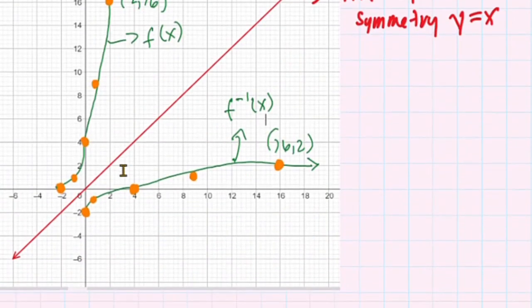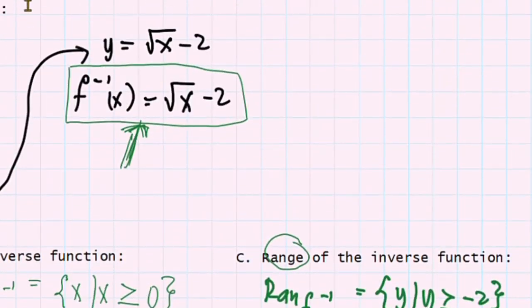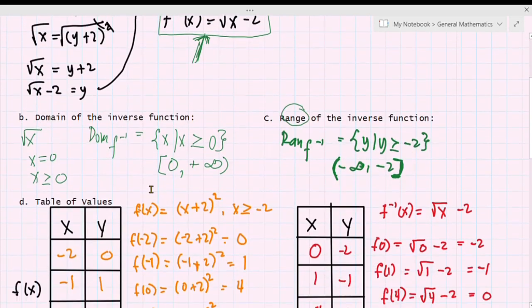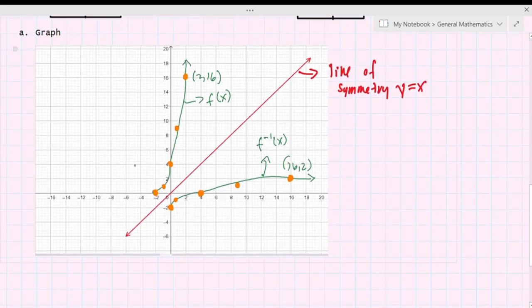At tama naman tayo. And we have also, sa original function natin, x must be greater than or equal to negative 2. Ito yung restriction. So that is x must be greater than or equal to negative 2.